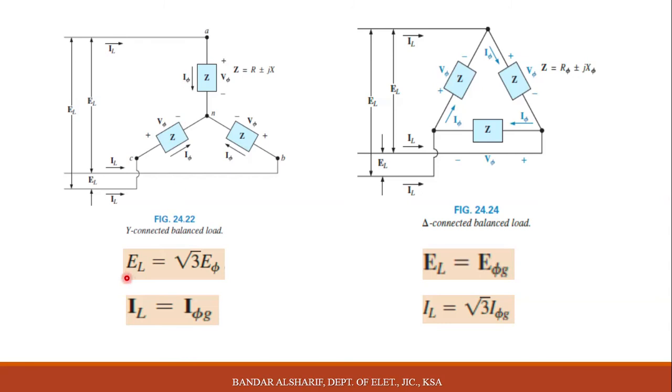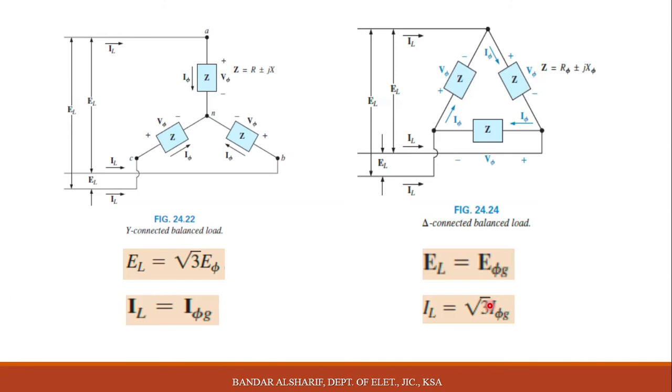We know from last lecture that voltage line equals root 3 multiplied by voltage phase, and I line equals I phase in Y connection. For delta connection, it is the opposite. Voltage line equals voltage phase, but I line equals root 3 I phase.